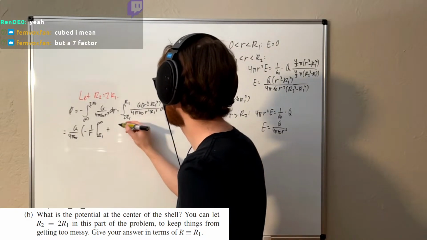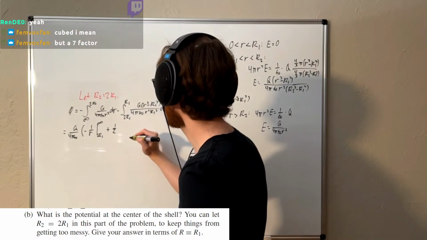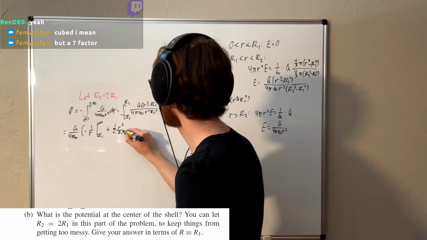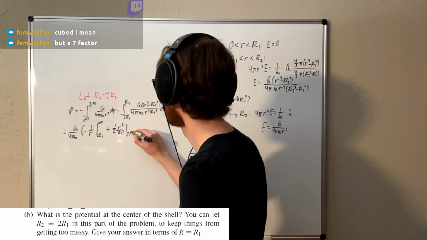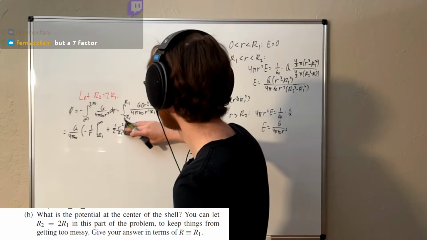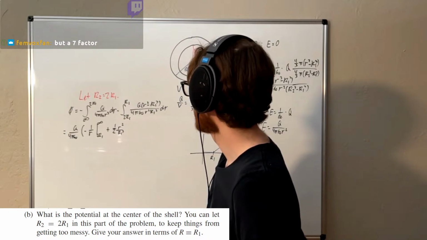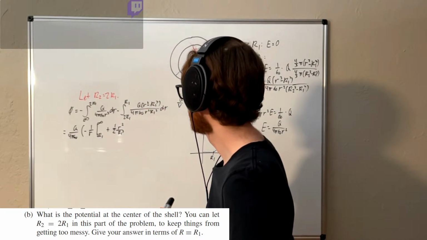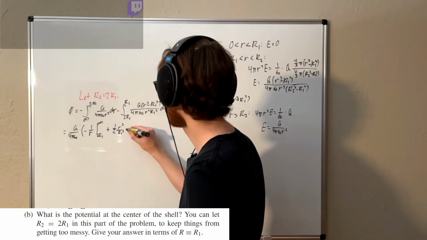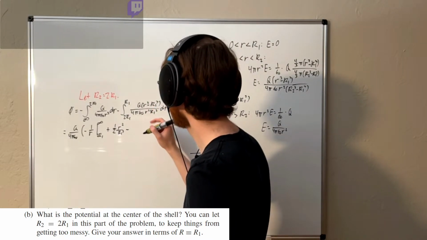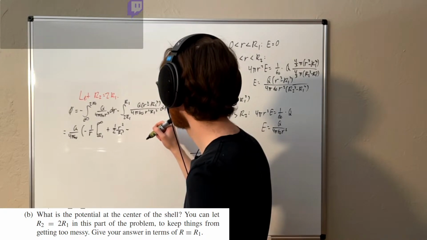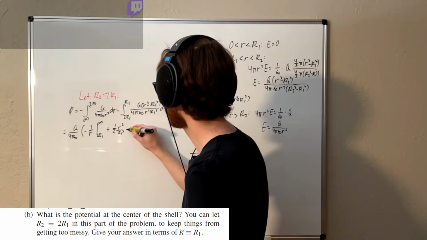So that's going to become 1/2 r squared over r1 cubed, because we're basically just integrating r over r1 cubed. And then we're going to come over here and do minus. The r1 cubes are going to cancel. There's a minus, and we're going to get another minus from there.